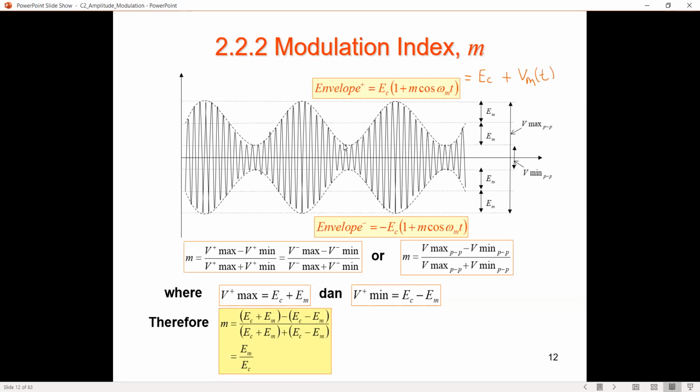If you look, we can actually calculate our modulation index from the parameters related to the waveforms. This is known as Vmax positive up here. Below here, the most negative point is Vmax negative.